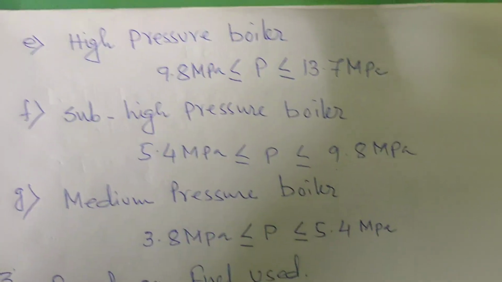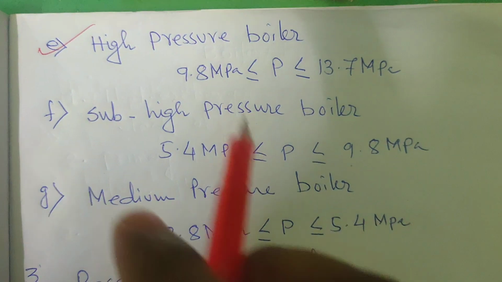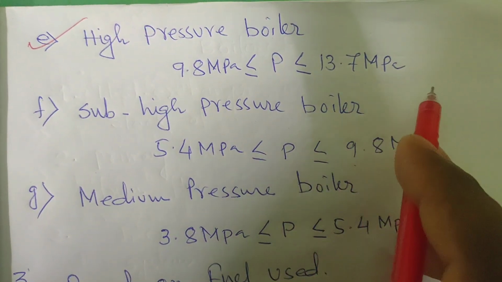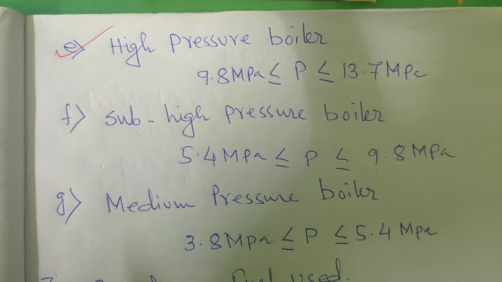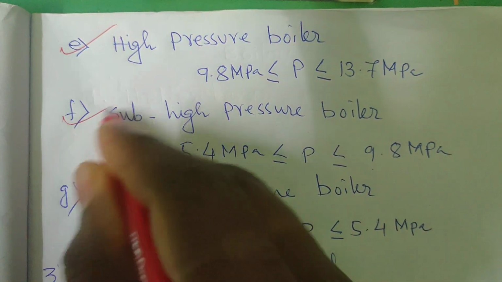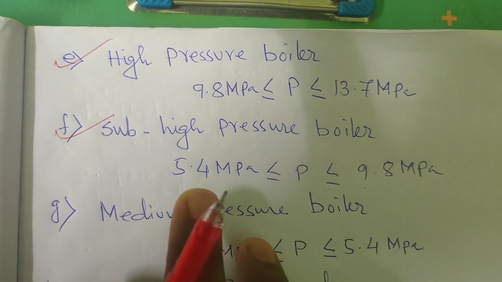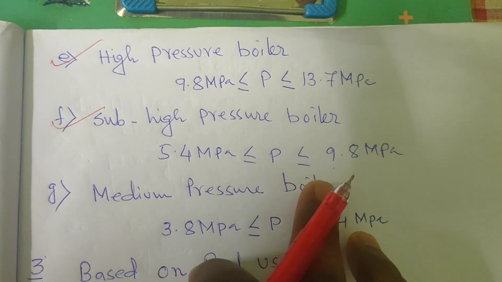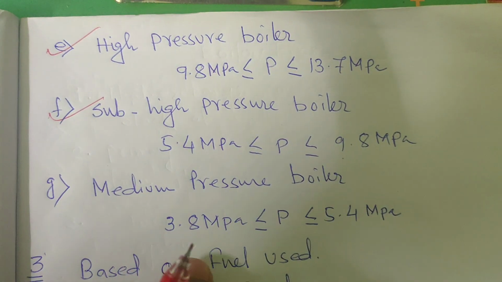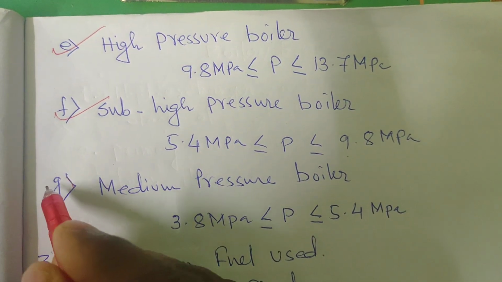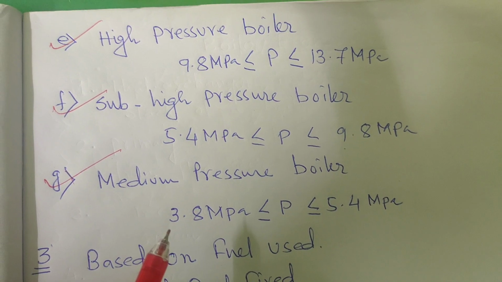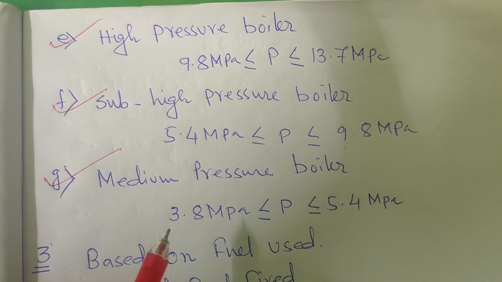High pressure boiler: if the pressure is in between 9.8 megapascal to 13.7 megapascal, it will be considered a high pressure boiler. Sub high pressure boiler: 5.4 megapascal to 9.8 megapascal. Medium pressure boiler: 3.8 megapascal to 5.4 megapascal.